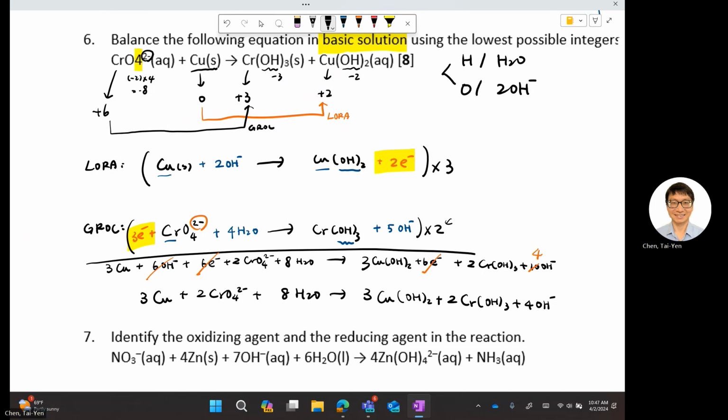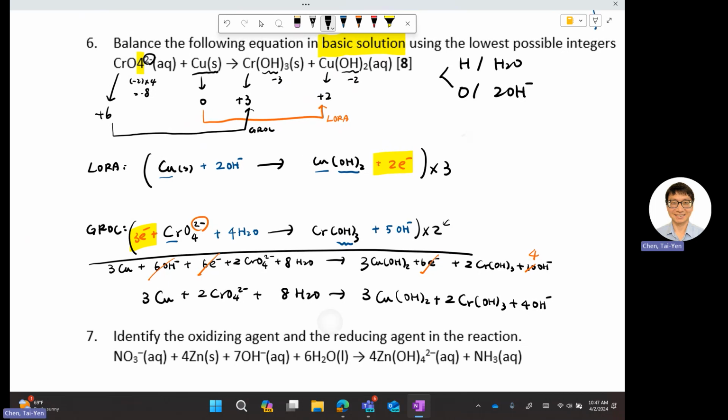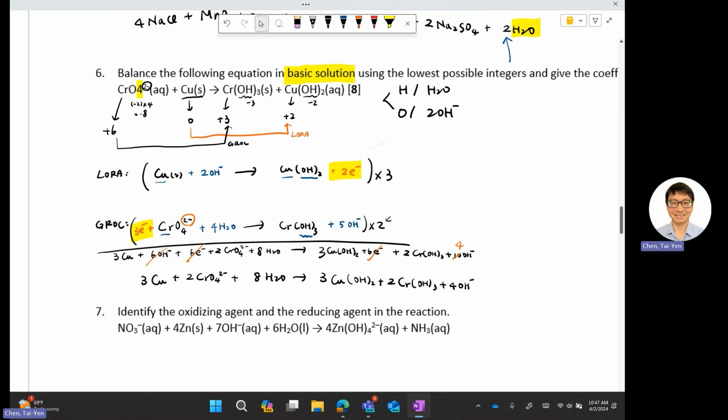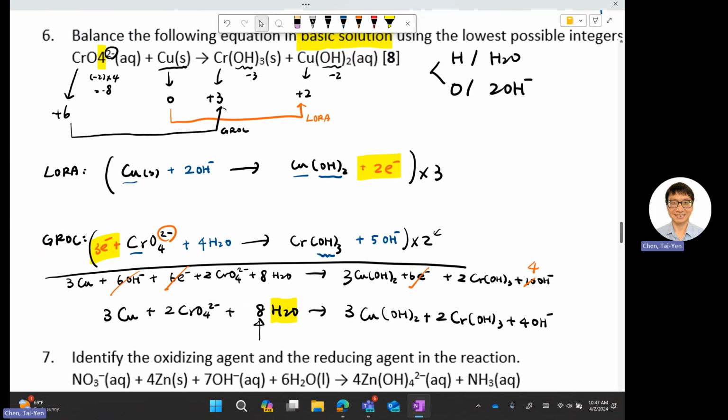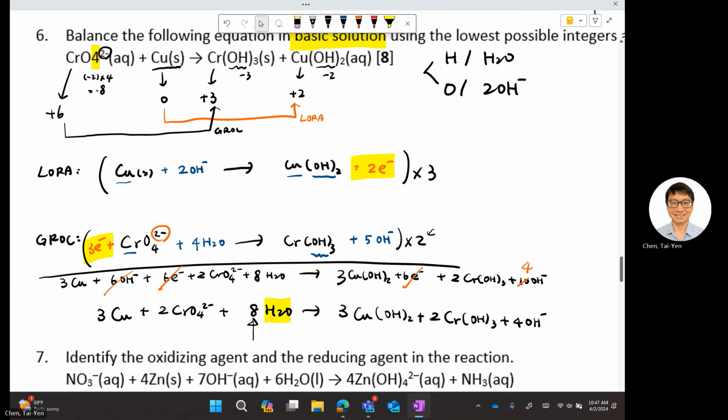Okay. So the thing you are interested in is the coefficient in front of your H2O. Therefore, the coefficient you want to answer will simply equal 8. Okay, so that is how you solve question number 6.